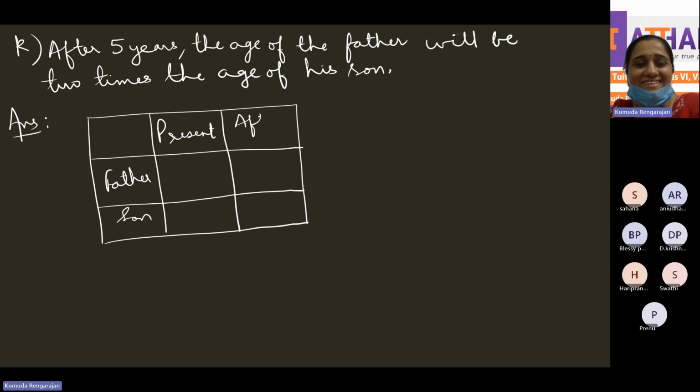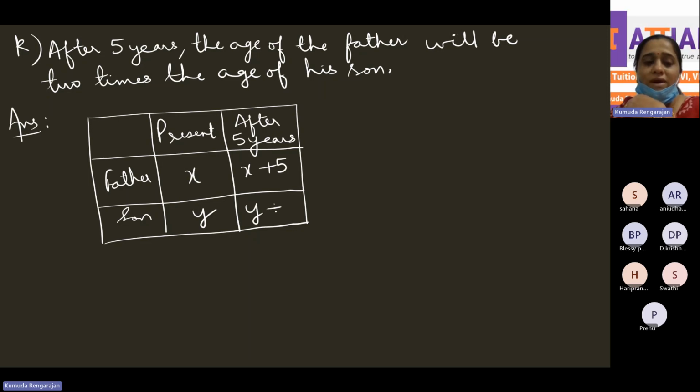What shall we assume the present age of the father to be? X. Present age of the son? Y. After 5 years, father will be X plus 5. After 5 years, the son would be Y plus 5.